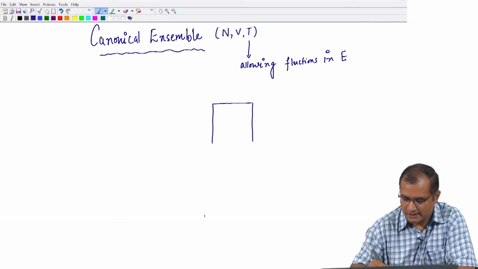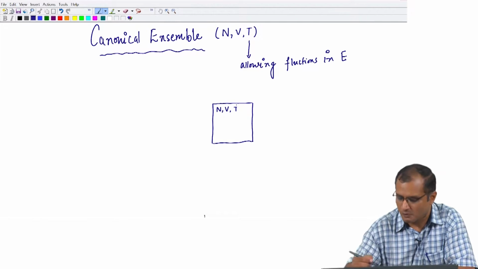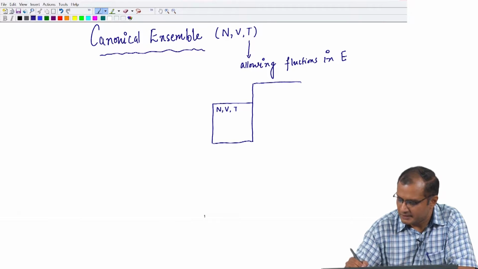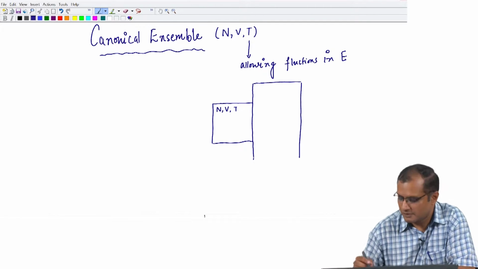So, let us say this is our room and I am calling this our system at a constant N, V and temperature T, which is maintained by a reservoir, and the reservoir is purposefully taken to be much larger than the system, because I want the system to be driven by the reservoir, not the other way around.